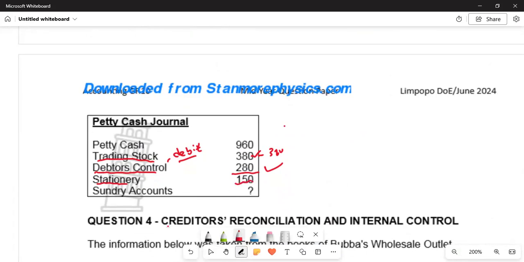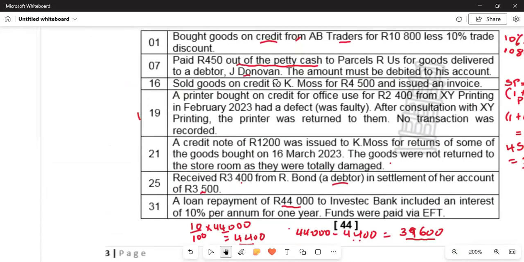So we did purchase our stationery through our petty cash account. We took money from the petty cash and bought stationery of 150. So it goes on the debit side, because it increases our expenses. So that is that. Now we are moving on to the credit side of our stationery.